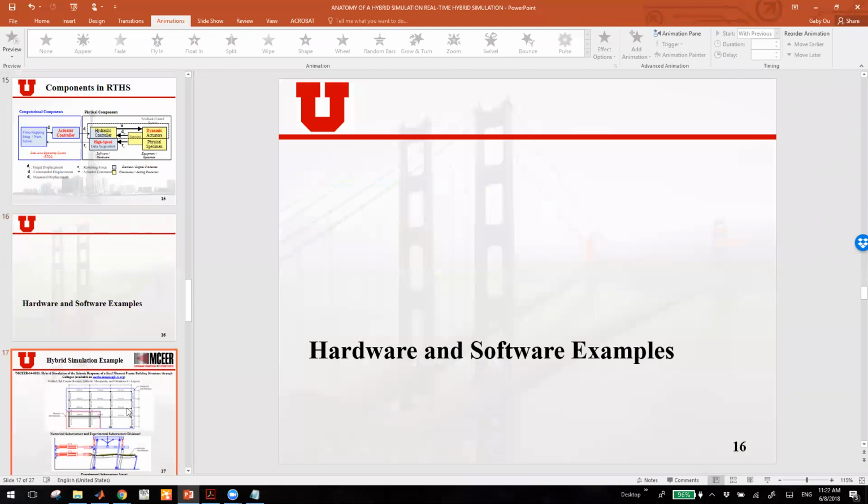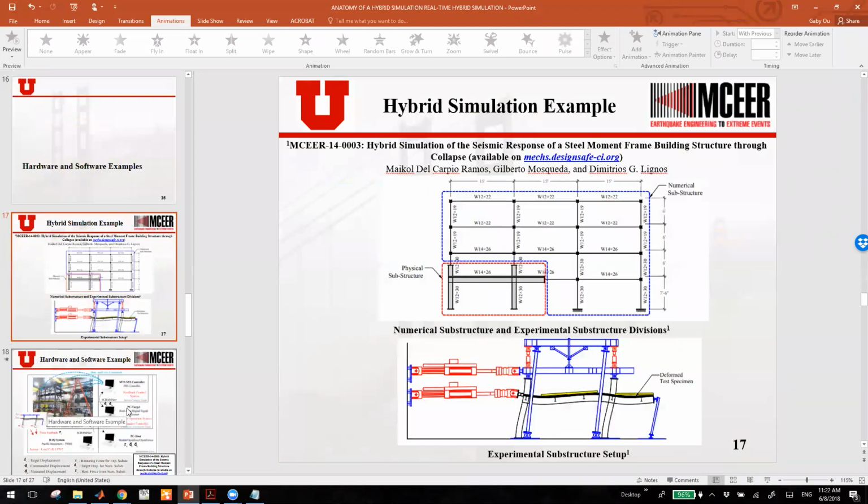The first one is for hybrid simulation. This is a report contributed by Dr. Mosqueda from UCSD, and the test was implemented at the University at Buffalo NHERI lab. They are investigating the collapse of a steel moment frame building under seismic loading.